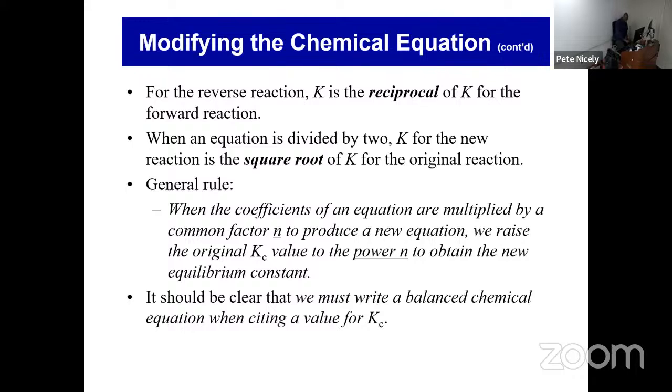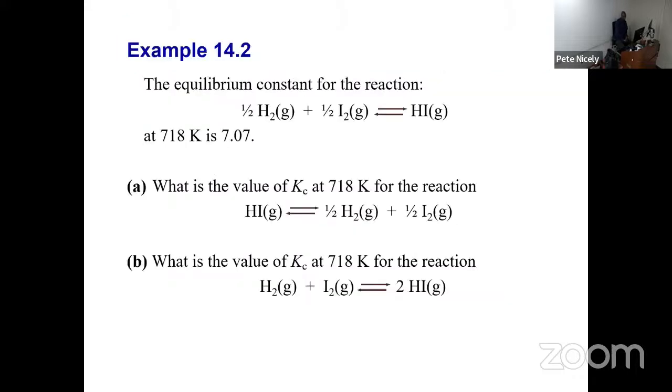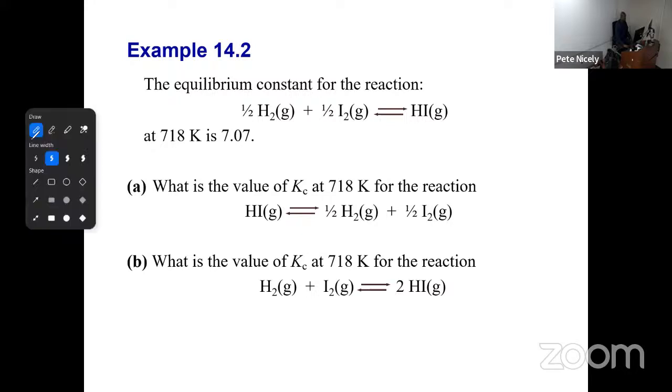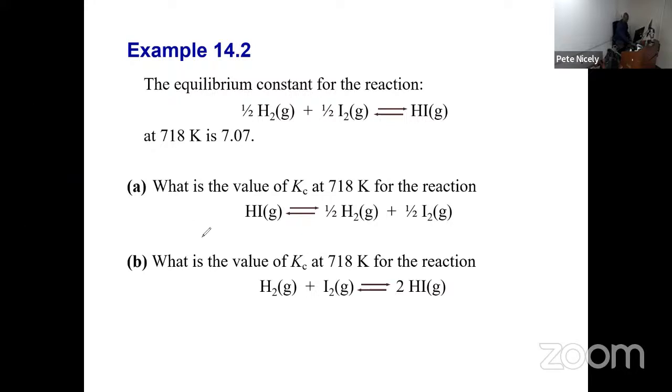Okay, let's look at this example right here. It says that the equilibrium constant for the reaction, and it gives you the equation, at 718 Kelvin is 7.07. So the question is asking, what is the value of Kc for this equation? So how would you tackle this? Any ideas?